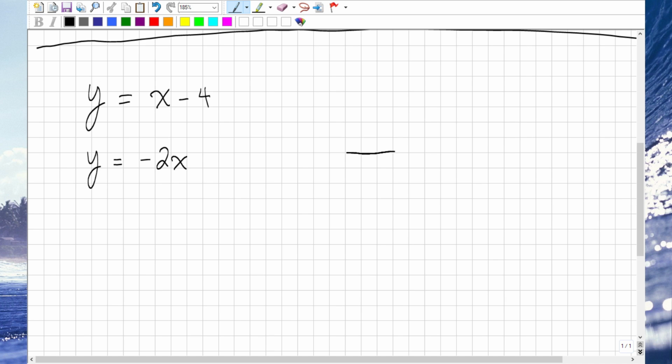And see what happens with these two lines. So step 1 is, of course, draw a set of axes. Step 2 is to graph them one at a time. I'm going to color code these as pink and blue.